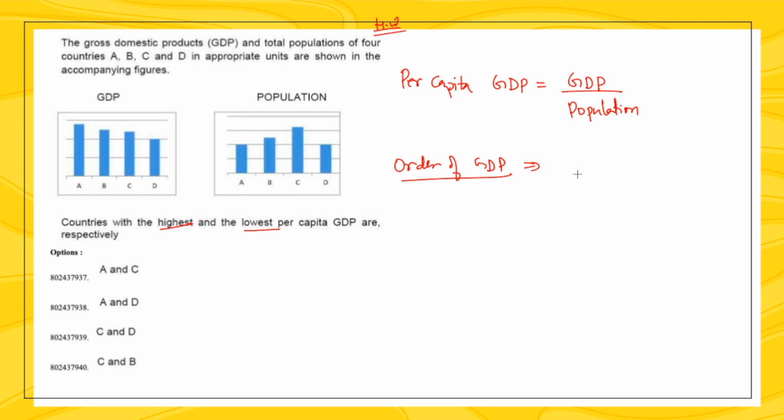From the graph itself you will see that A has the highest GDP, then B, then C, and then D. This is the order of GDP. And if I ask you about population, the population order, highest is for C. C is having the highest population, then B, then A and D have the same population. Now the question is which country has the highest GDP?